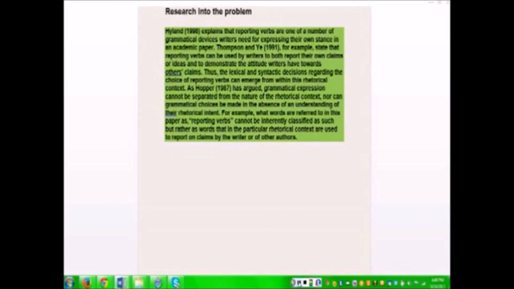However, it's more likely in an academic context that if there's been a lot of research on the topic, and if you can somehow extend that research and show what's missing from that research, then that would make a stronger case for addressing the problem. So in the next section, I cite a few well-known researchers who have indirectly dealt with the problem of the importance of choosing a reporting verb.